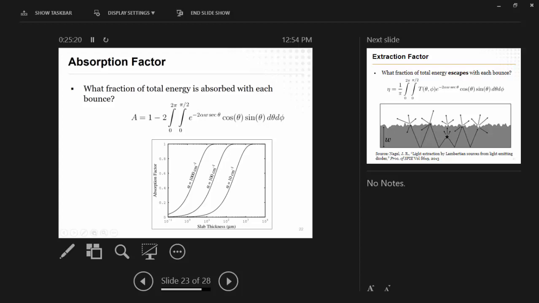This shows your absorption per bounce depending on your attenuation coefficient, which depends on the nature of your semiconductor. If I have a very low-loss, poorly absorbing, low-attenuation semiconductor, then right here a 100 micron thickness would absorb, say, 30% of the energy as it goes down and back.